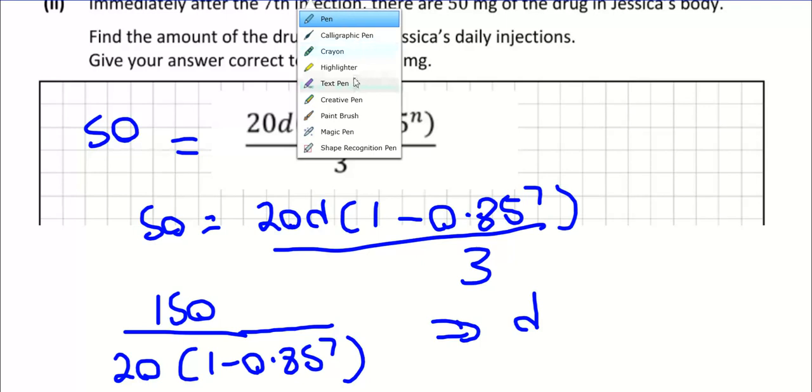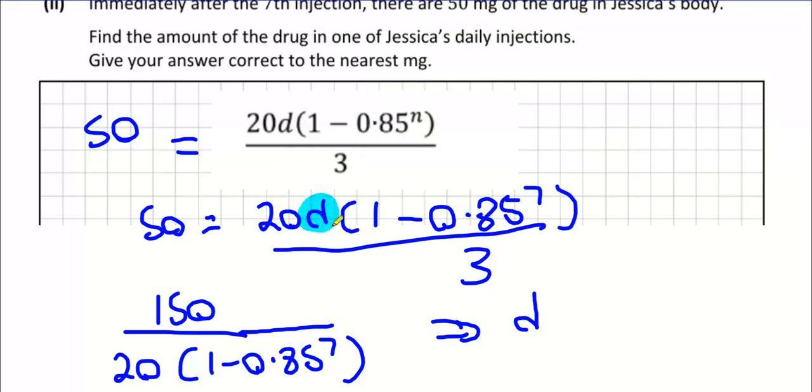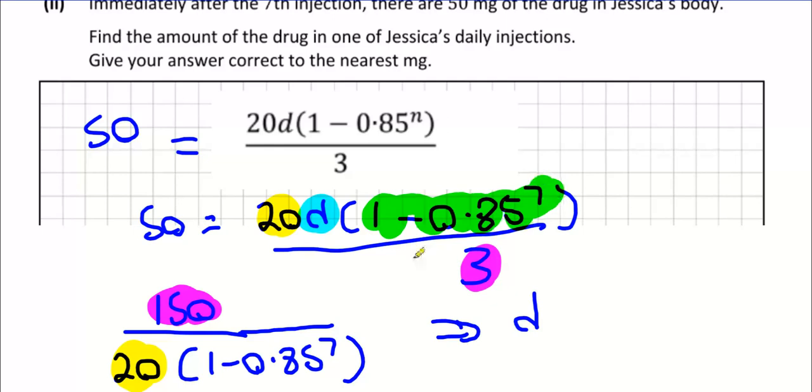So just to recap, okay? I wanted D on its own. The 20 went underneath. The 3 went up to the 50 to make 150. The 1 minus 0.85 to the power 7 was multiplication on the right, so it's division on the left. And you throw that all into the calculator.